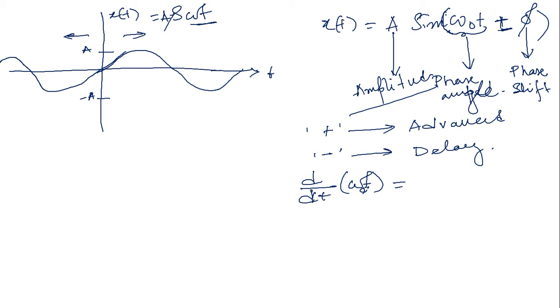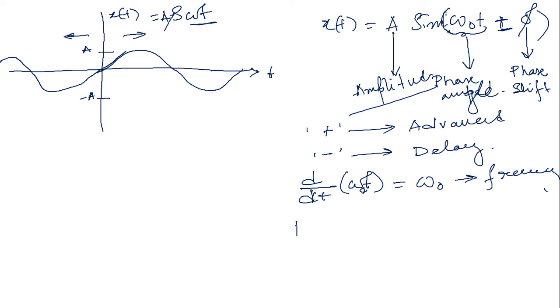Then t becomes 1 after differentiation, so we get omega naught, that is the frequency. So the phase angle and frequency have a relation: if we differentiate the phase angle, we get the frequency.